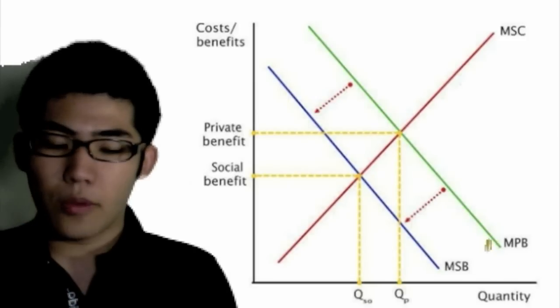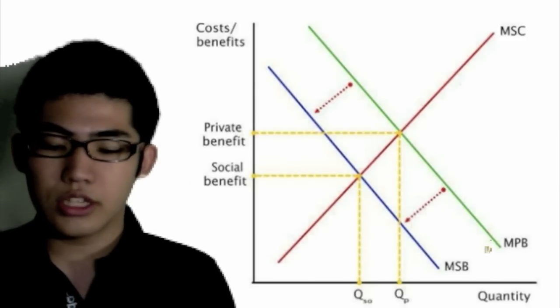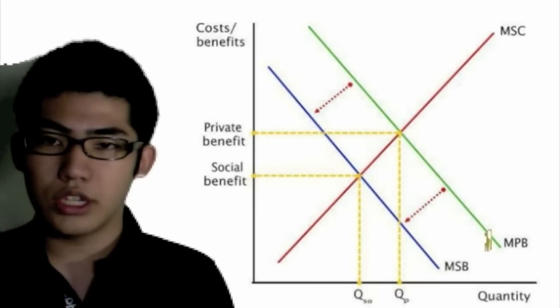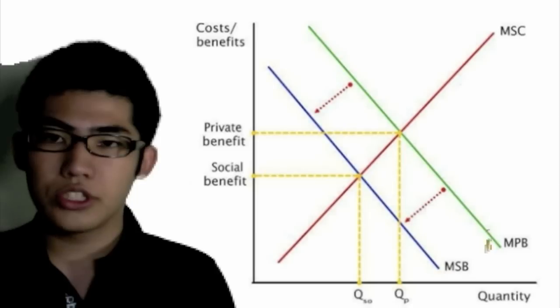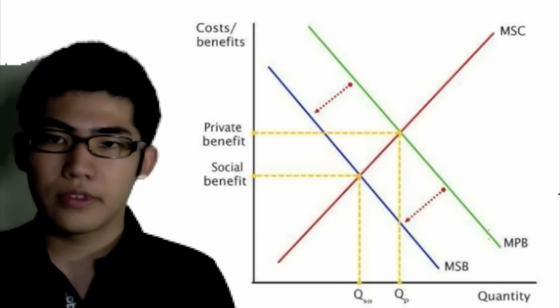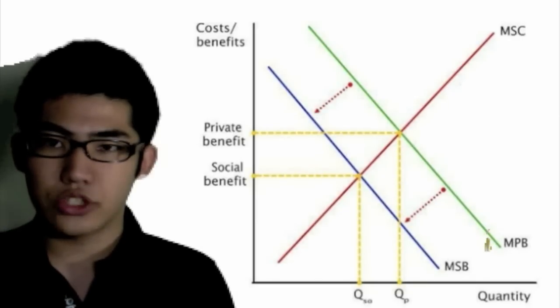Therefore, the community surplus is not maximized and the market is socially inefficient. This graph was the state Japan was in. In order to change this, the government has to intervene, and their intervention was, in this case, taxation.